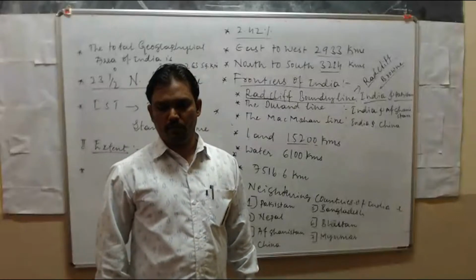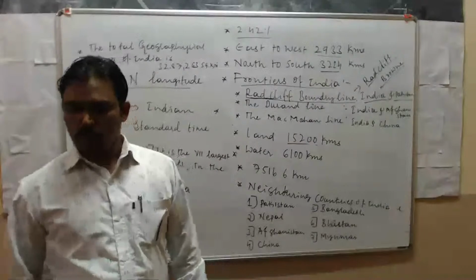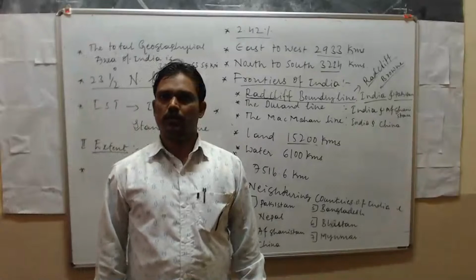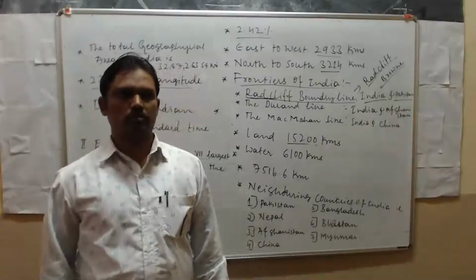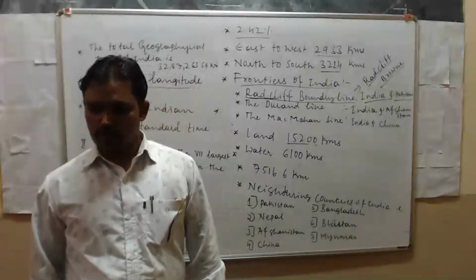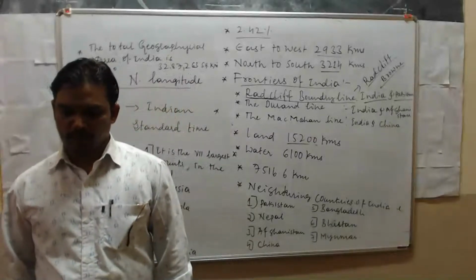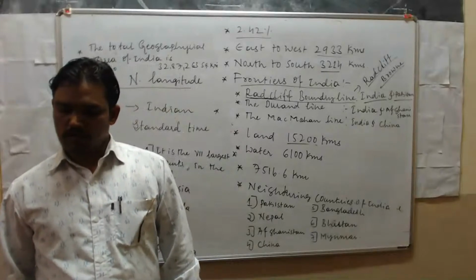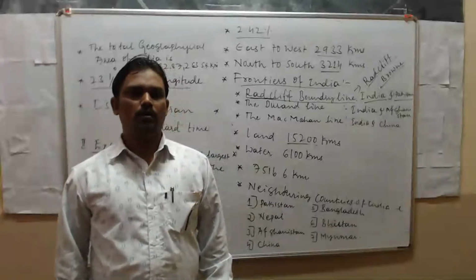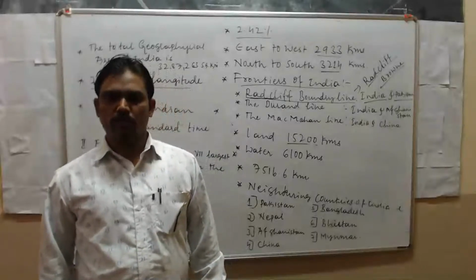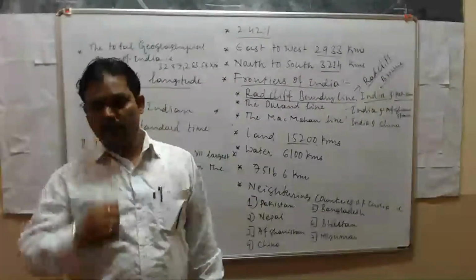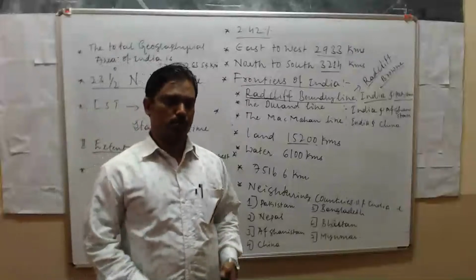Here we have different languages, different cultures, food systems, etc. So that's why India is divided into 28 states at present, and 9 union territories.